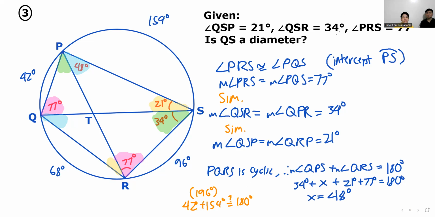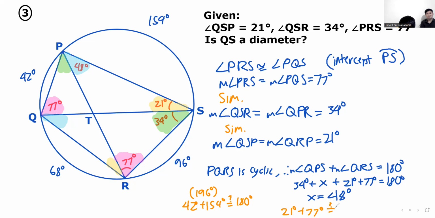So there's another way. Imagine if we did not find this. For any semicircle, any possible inscribed angle in the circle will be 90 degrees, because the inscribed angle is one half of the intercepted arc, so one half of 180 must be 90. So we can try 21 plus 77.